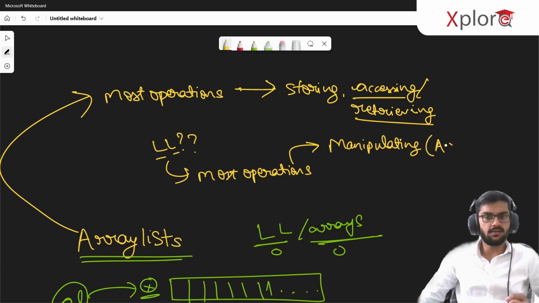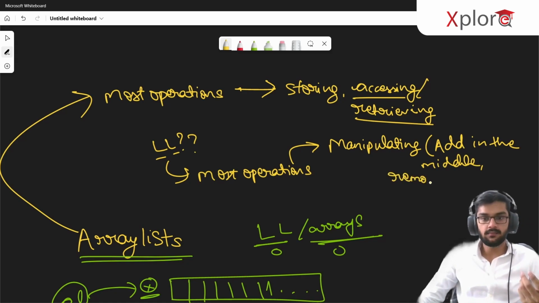Manipulating means you can have the add functionality, but let's say add in the middle. Yeah, linked list is a very great thing. Then let's say you want to remove from the middle, and so on, right?